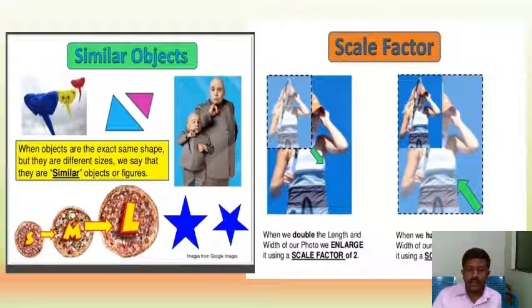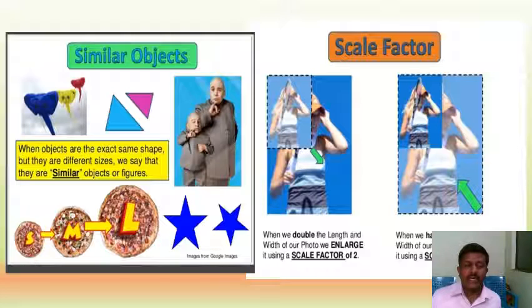Look towards these slides. In the first, here are similar objects. This, and this. Here also these objects are smaller, medium, large. Look towards these two stars, these two pictures.